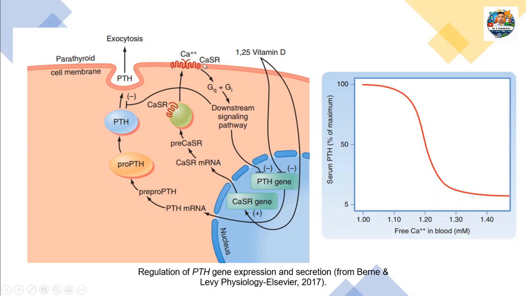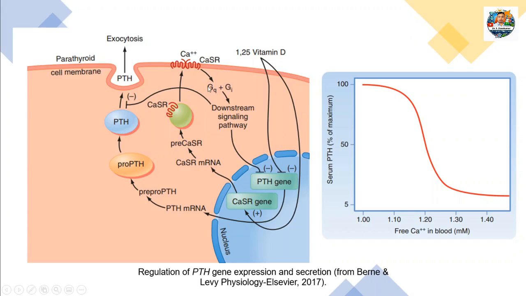The function of this calcium sensing receptor, as the name indicates, is to sense the concentration of calcium in the plasma. So when there is a high concentration of calcium, then this calcium binds to this receptor. It is active as a dimer, as you see here. Now when the calcium binds to this receptor, then it activates the associated or coupled G proteins.